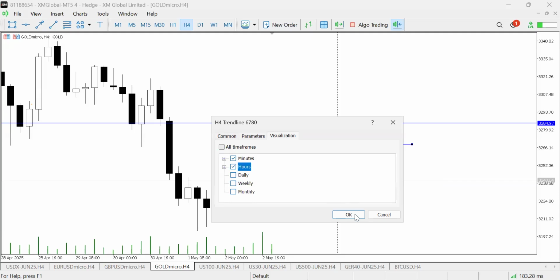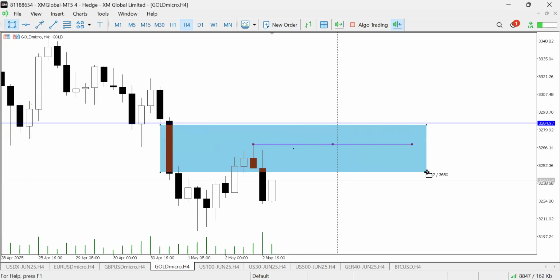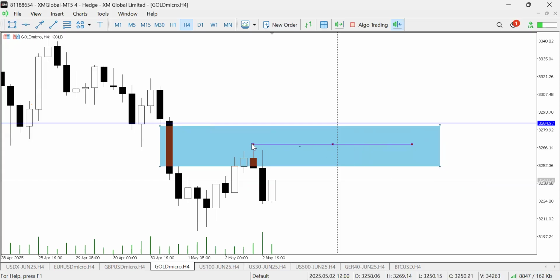All right, so that's where I would sell first. And another thing that makes this so powerful is we have an inverted fair value gap right there. So I have buy side liquidity, I have this rejection block, as well as this fair value gap.